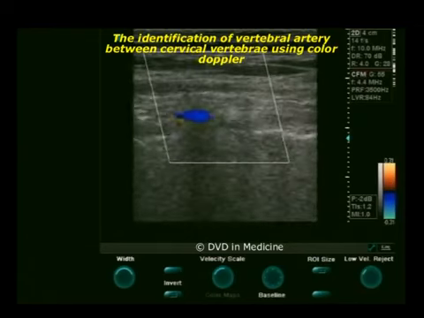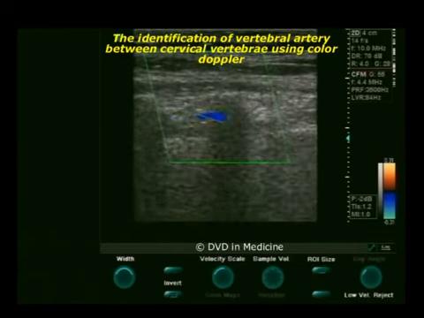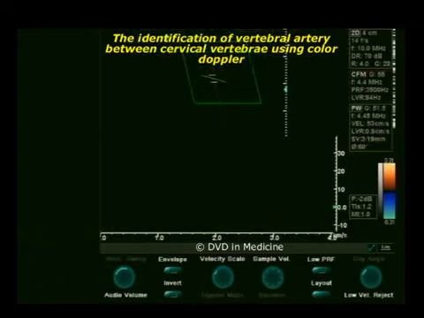When one can visualize the vein but not the artery, it suggests that the artery may be either thrombosed or congenitally absent.